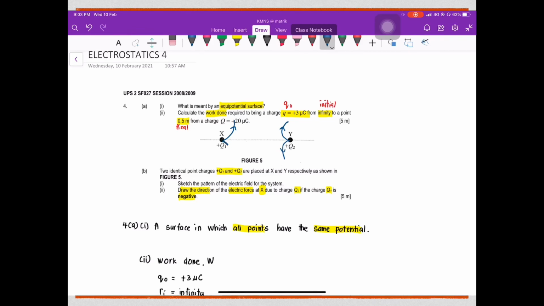This Q1 is negative Q1. So negative and positive attract. Because we want to draw the direction of the force on Q1 due to Q2, it points toward here. This is the force by 2 on 1.